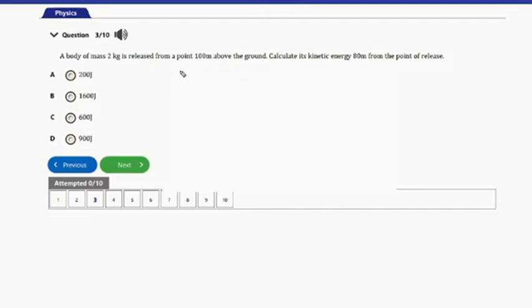So guys, here we are going to have, since the kinetic energy is actually half mv squared, and we don't have the velocity here, we can actually state that the kinetic energy at 80 meters from the point of release is actually equal to the potential energy at 80 meters from the ground level, and that's mgh here, guys.